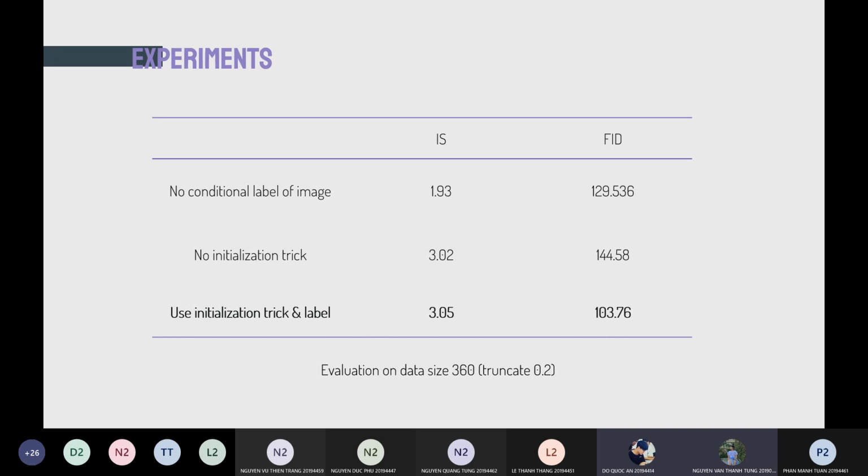For the second setting, we tested on a model with no initialization trick. We saw a slight increase in the FID score compared to the first setting. And the third setting is our original model. The metrics evaluated on this setting indicate the best quality images, which have a high Inception Score and low Fréchet Inception Distance.